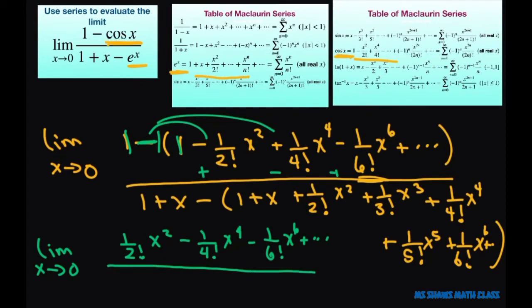All right, and in the denominator, let's see what happens. For the denominator, the 1's will cancel and the x's will cancel. And we also have to change our signs here, so this will be negative, negative, negative.